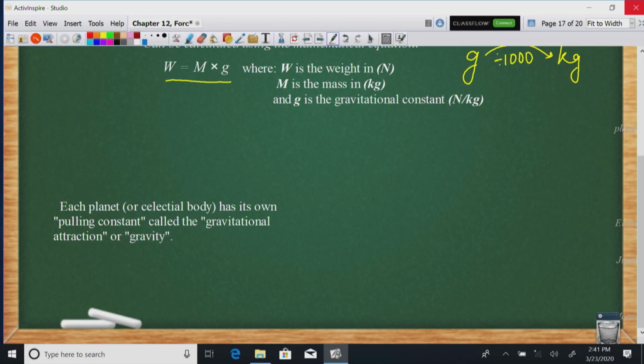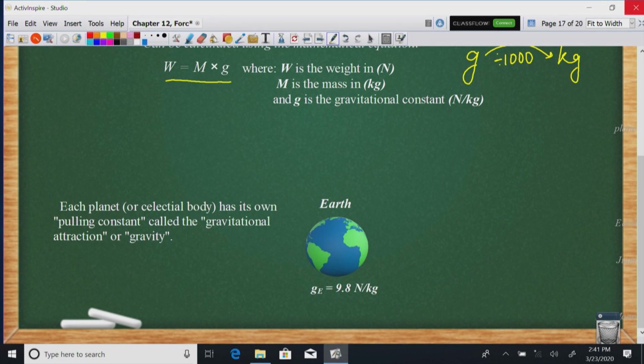Now, each planet or celestial body, I added here because it can be a planet or a satellite or a star, anything, has its own pulling constant, in quotations, which is called the gravitational attraction or simply the gravity. For example, Earth has its gravitational attraction constant 9.8 Newton per kilogram or 10 let's say.